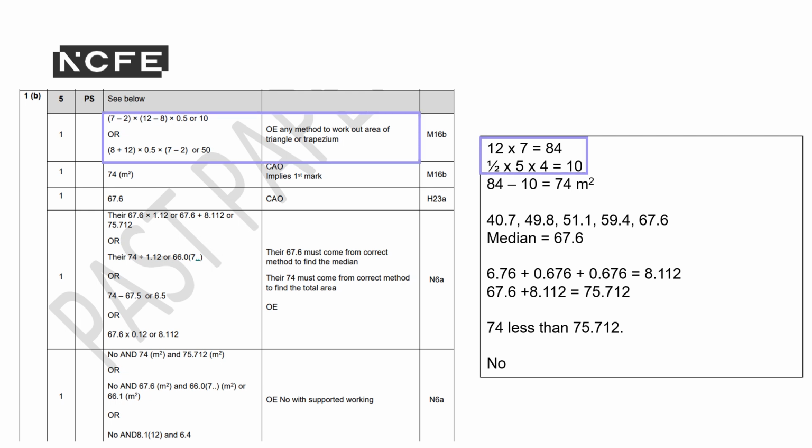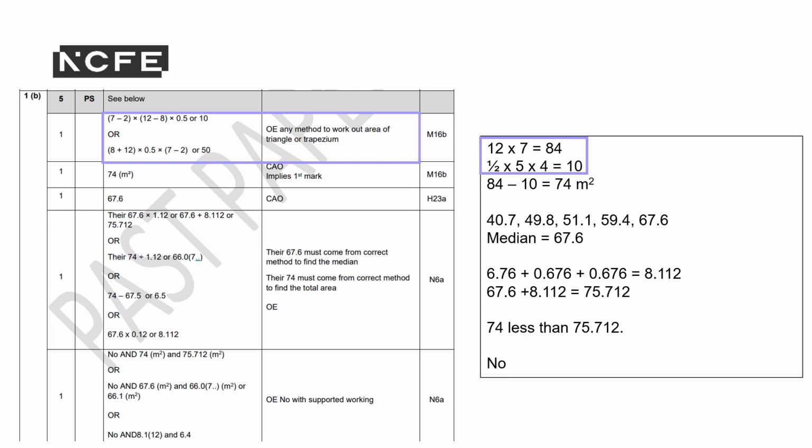The first mark is awarded here for calculating the area of the space that Jessie is going to let. So we could actually get an incorrect answer here. So that's 74. In order to gain the first mark, we're not gaining the first mark for getting the 74 metres squared.